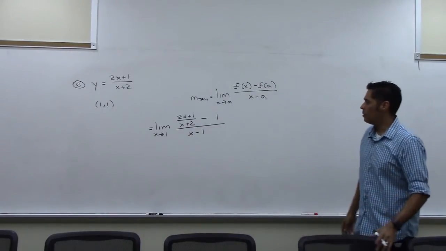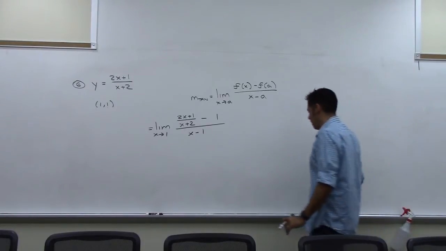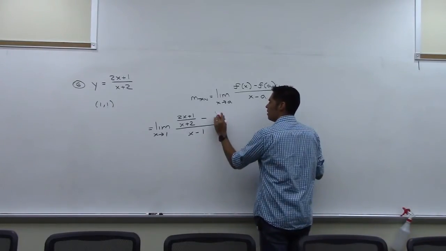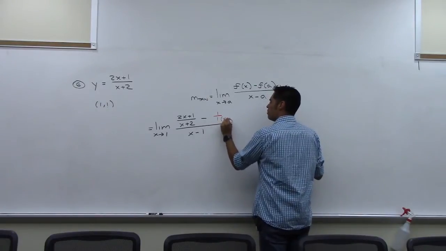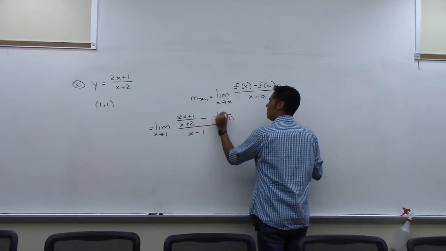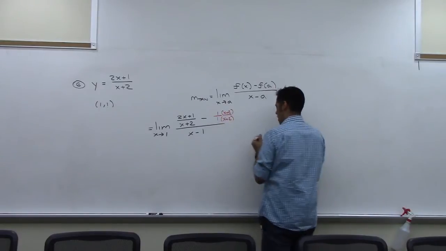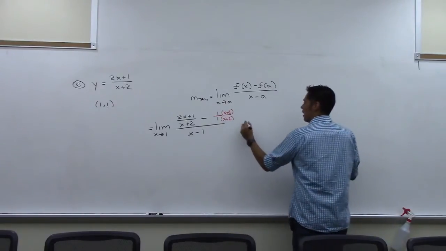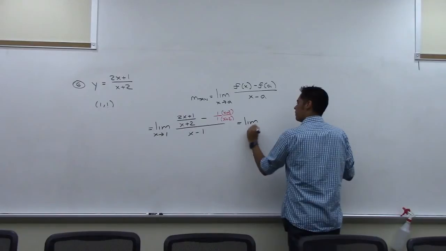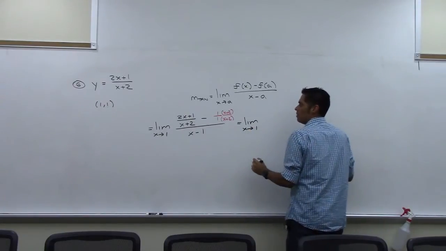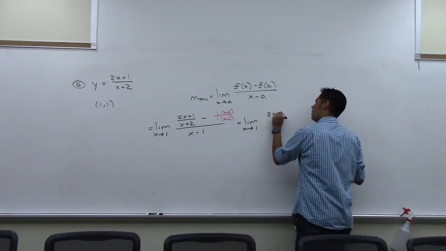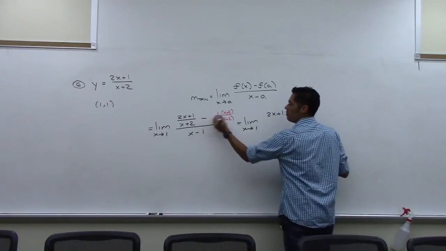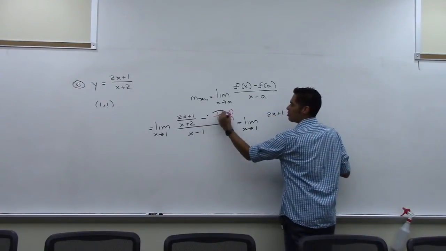So here we have a complex fraction, so we're going to try and get a common denominator, which means I'm going to look at this 1 as being a 1 over 1, and then I'm going to multiply x plus 2 on the bottom and x plus 2 on the top, and then combine those two together. So when I do this, I'll have 2x plus 1 minus whatever this is. So I have to subtract each term, right?